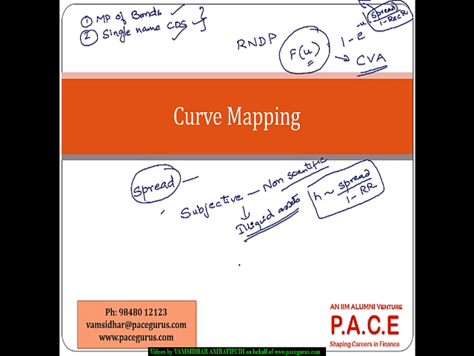Especially when I look at the Basel III norms, they impose the risk neutral way of calculating the capital allocation for the CVA.